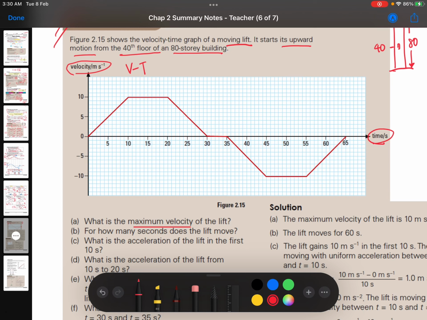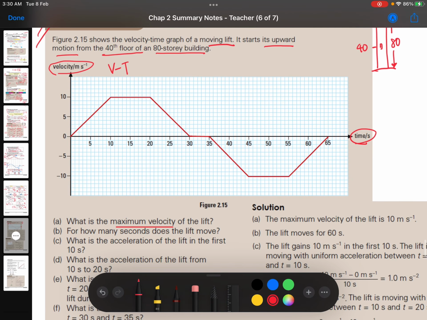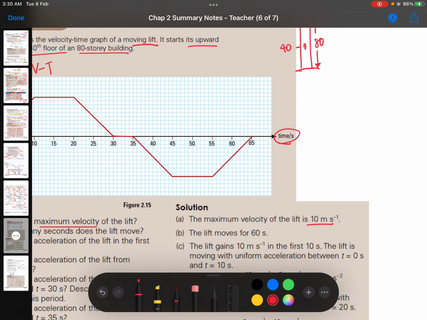So if you are asked to determine what's the maximum velocity, using the method that I summarized for you, you can just read off the graph and give me an answer that the maximum velocity of the lift is 10 meter per second. Now guys, it's important, please write down the correct units. Okay, 10 meter per second.